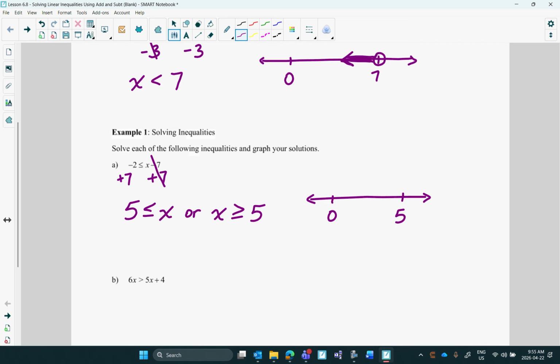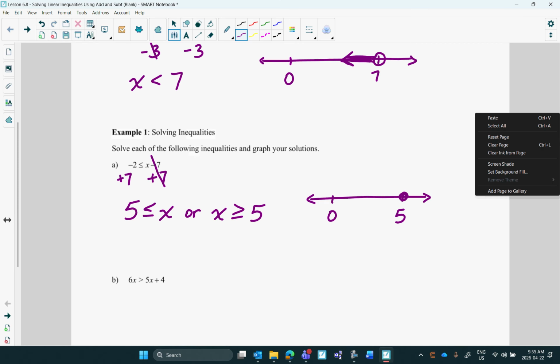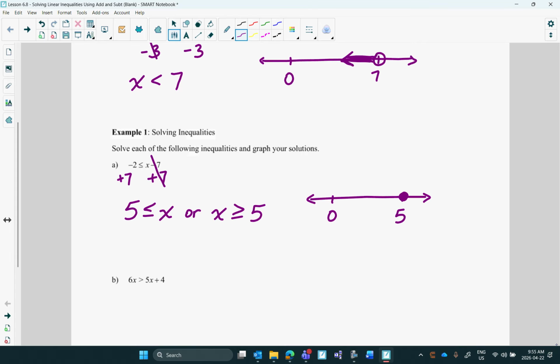What kind of circle at 5? Solid. And then which way am I going with my arrow? Right. Because the arrowhead is to the right, because we want, remember, x is greater than.